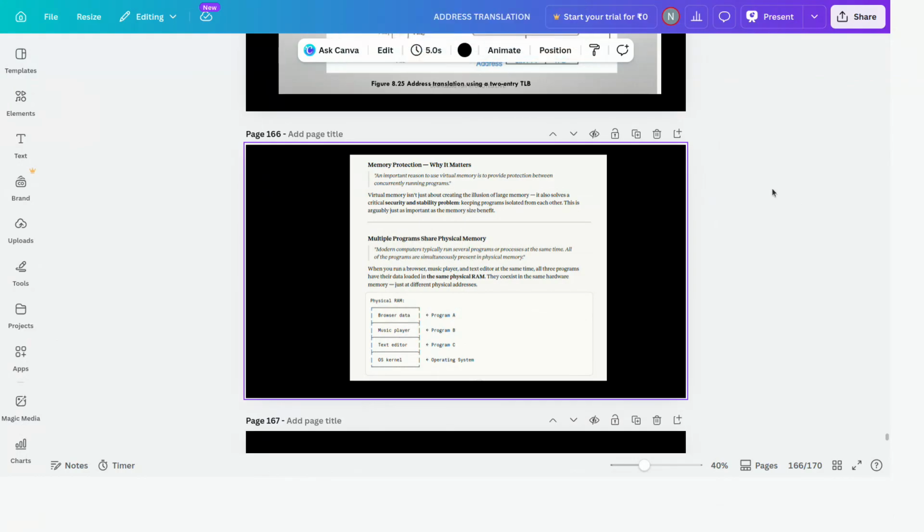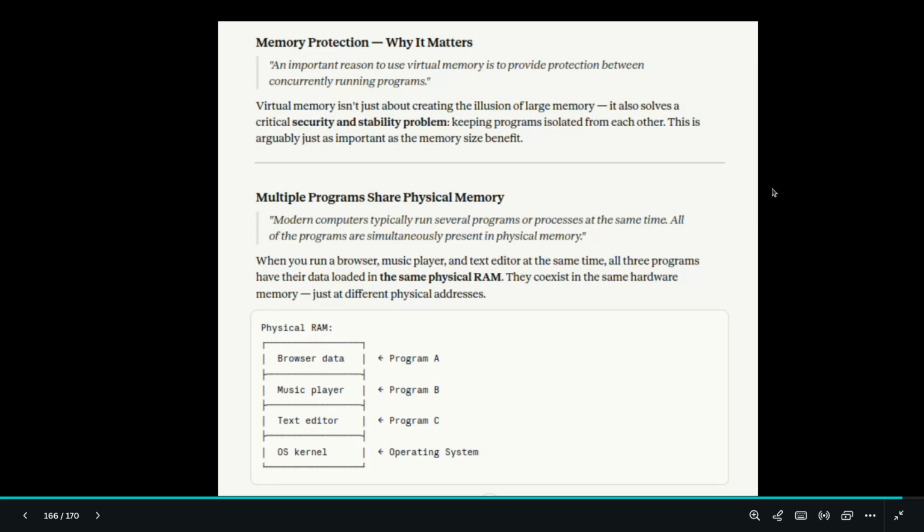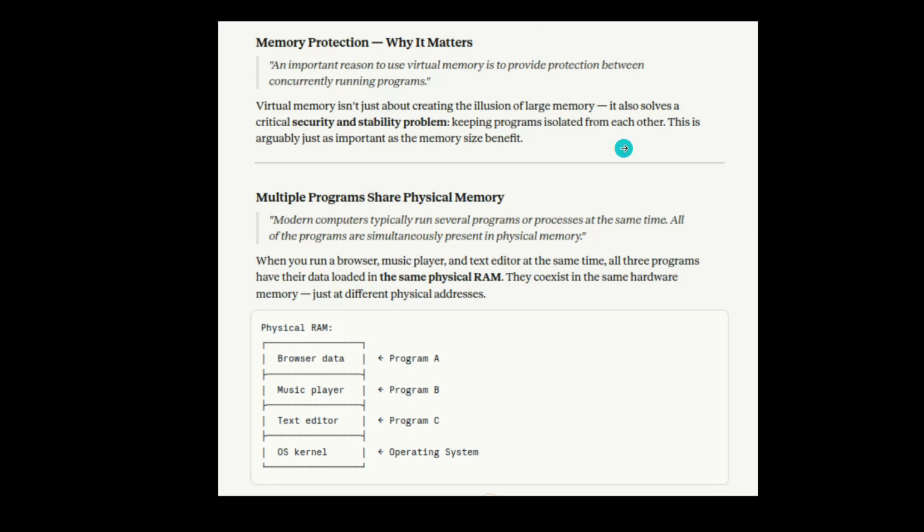You have to understand that multiple programs are sharing the physical memory. Modern computers typically run several programs or processes at the same time, so all of the programs are simultaneously present in the physical memory. When you run a browser, a music player and a text editor all at the same time, all these three programs have their data loaded in the RAM.